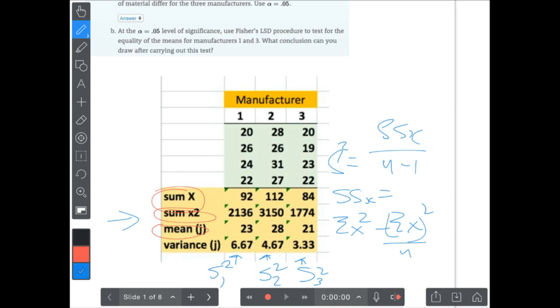Then we will need the sum of x, which is right here. So we have the values to get SSX, and dividing SSX by n minus 1, I should say nj minus 1 in this case, if we're doing that for each sample, that will give us the sample variance. Okay, so now we have the sample mean, the sample variance, and we have the sum of the x's, sum of the x squares, which we need to be able to calculate the sample mean and the sample variance.